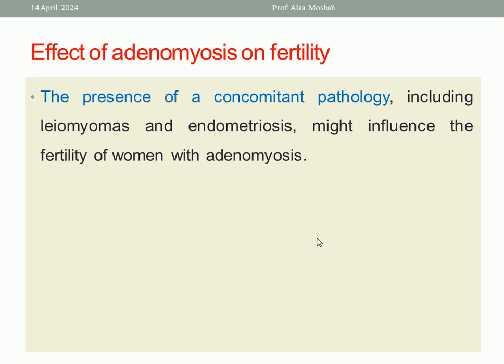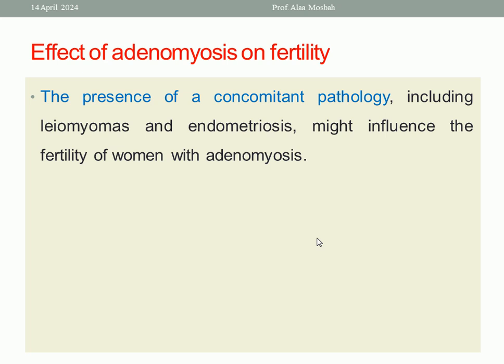What is the concomitant pathology commonly associated with adenomyosis? Two pathologies very common with adenomyosis: endometriosis and leiomyoma. And both of them can affect fertility, can cause infertility or miscarriage.